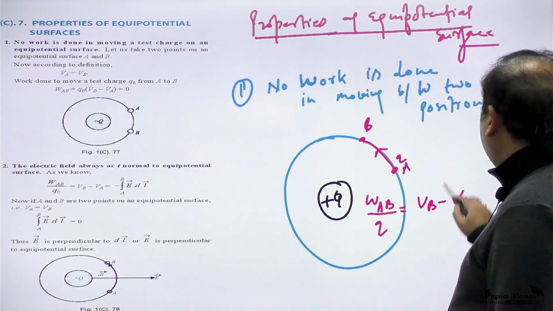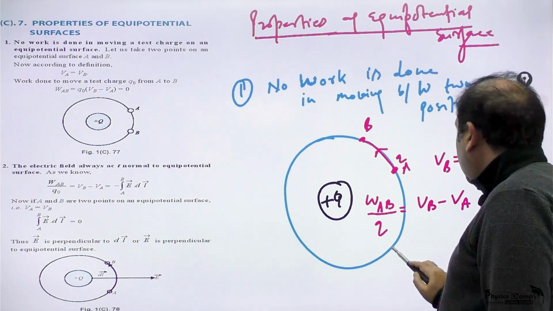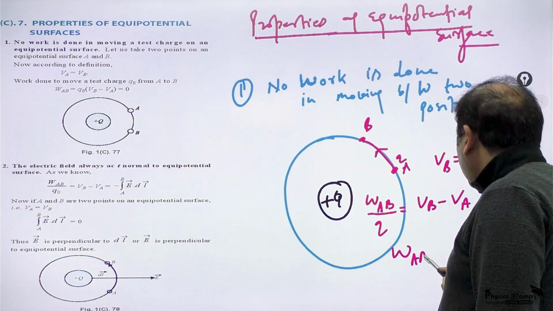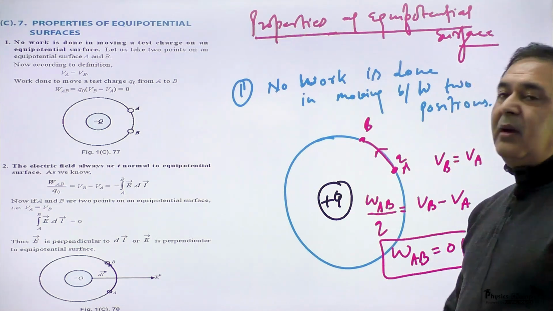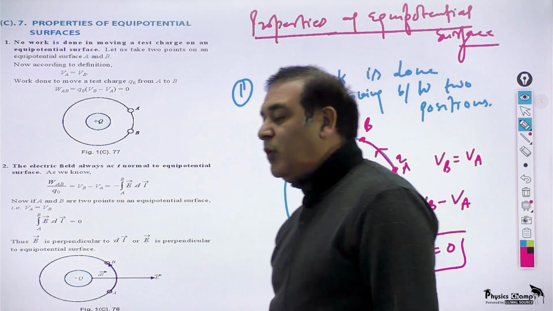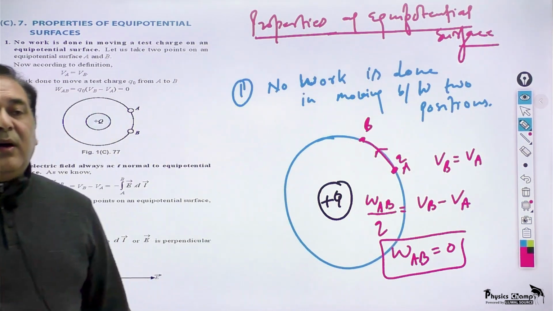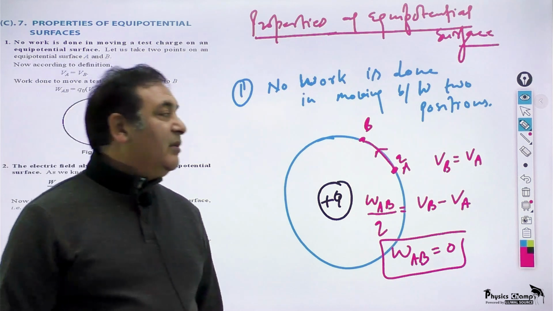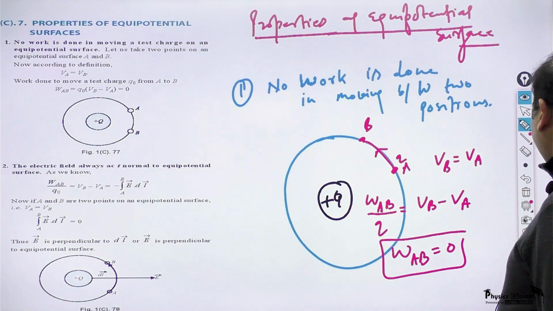But here VB is equal to VA. So the work done in moving from A to B will be 0. So no work is done in moving a charge between two points on an equipotential surface. This is property number 1.